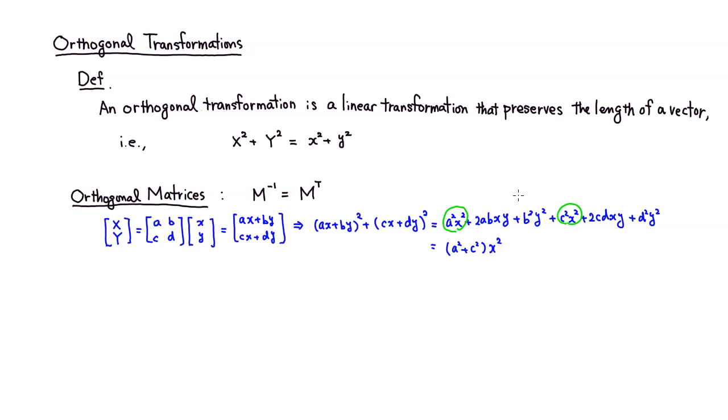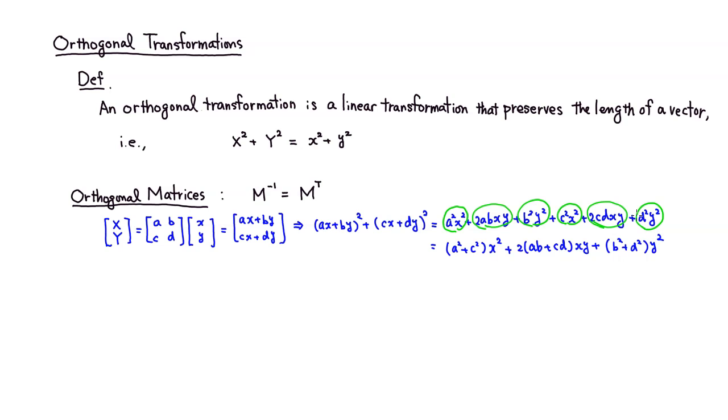And we have 2abxy and 2cdxy, so we have 2 times ab plus cd, xy. And then we have b squared y squared and d squared y squared, so we have b squared plus d squared, y squared.